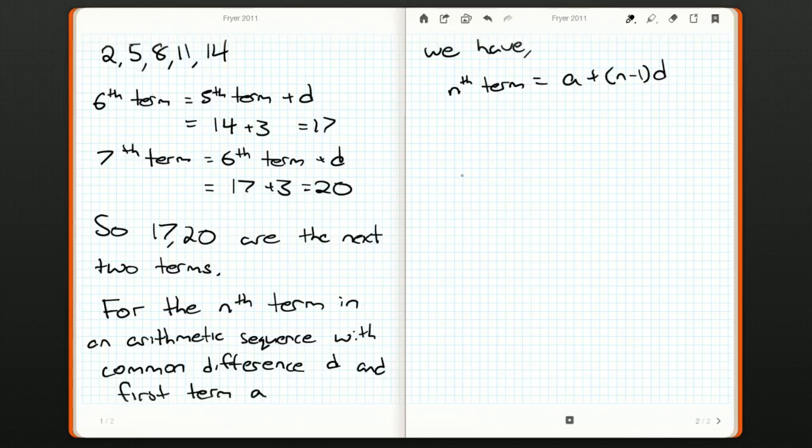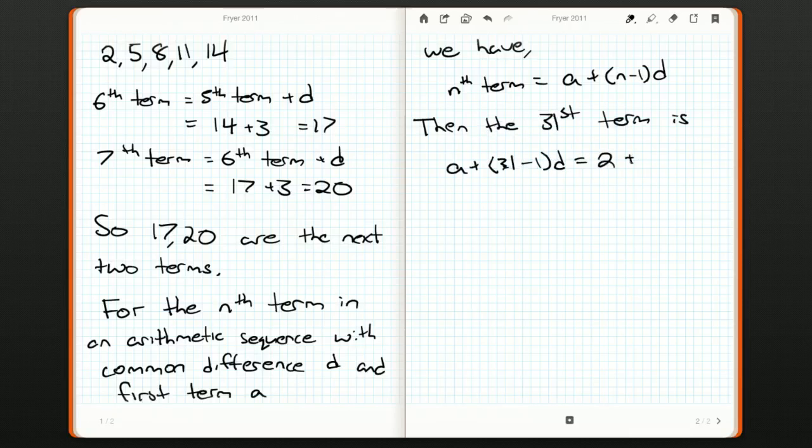So if we want the 31st term, so 31 minus 1 times d, well, a is 2, and d is 3.